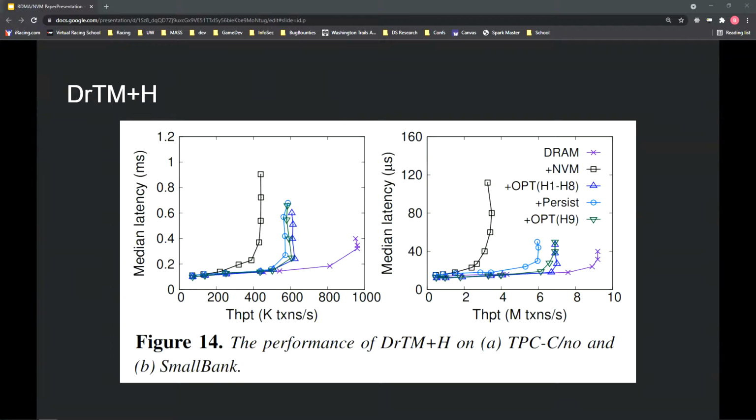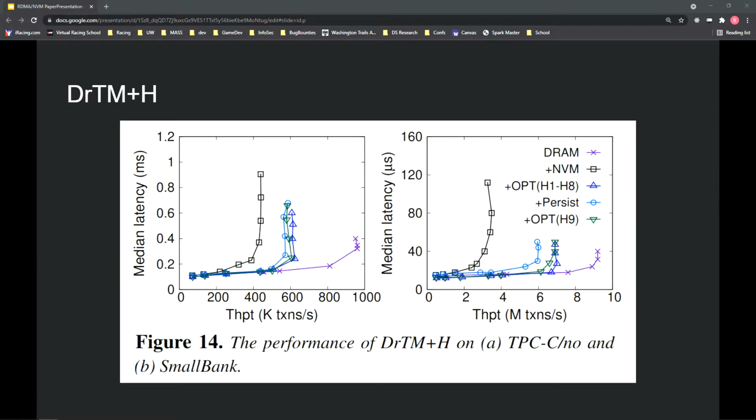So figure 14A and B show the results from the TPC-C, NO, and small bank benchmarks respectively. Like other charts in the paper, they show the incremental improvements or detriments of applying the optimizations in steps, with vanilla NVM being the base, and each step moving performance closer to that of the use of DRAM.